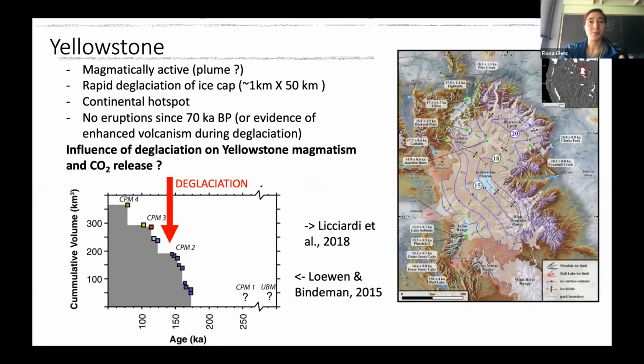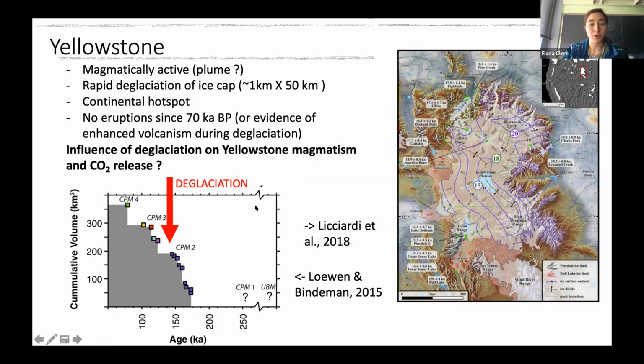Some tectonic similarities are that it is magmatically active and potentially has a mantle plume. The ice cap is slightly smaller, but also deglaciated rapidly, over several thousands of years. However, the difference with Iceland is that there's no evidence that volcanism was enhanced during deglaciation.